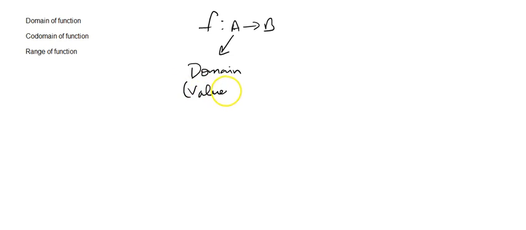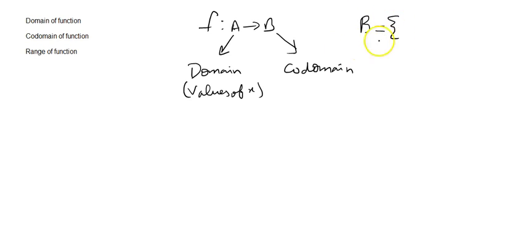Now the codomain: if a function is defined from set A to set B, then all the members of set B are part of the codomain.